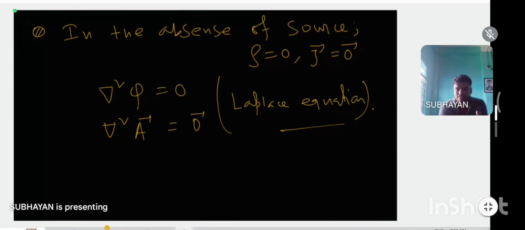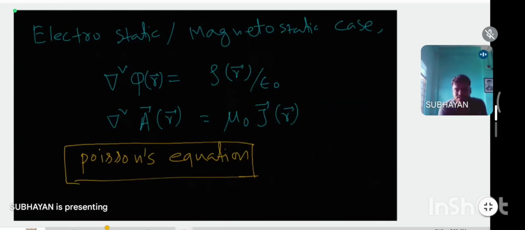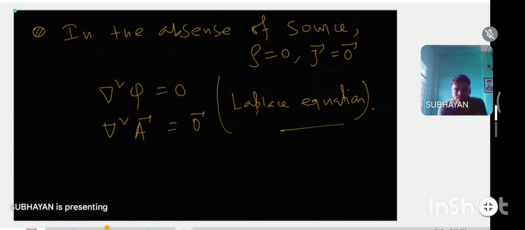The Laplace equation is relatively easy to solve, and you can find the solution from the complementary function solution. This is the homogeneous version of the general Poisson equation. These have known techniques to solve the Laplace equation.